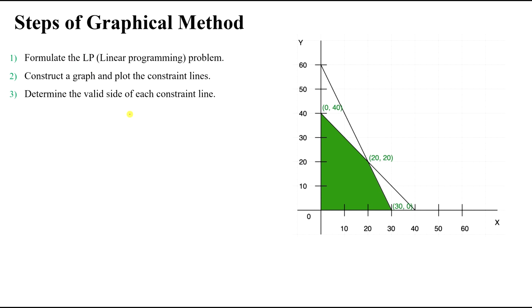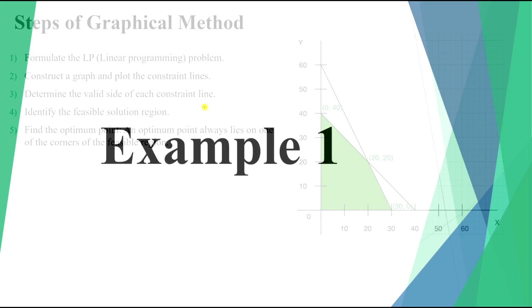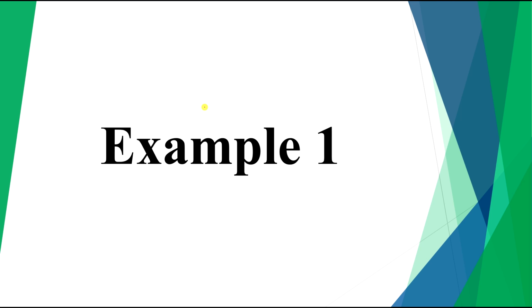Then we find the valid side of each constraint line. It will become clearer in the solved example. Then we find the feasible solution region, the region of valid solutions that satisfy our constraints. Then we find the optimum point by using the corners, or vertex points, of our feasible region.